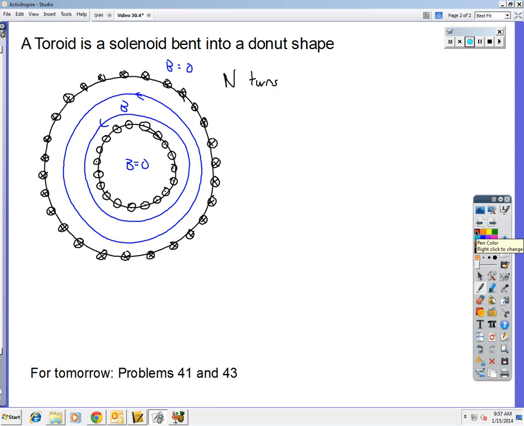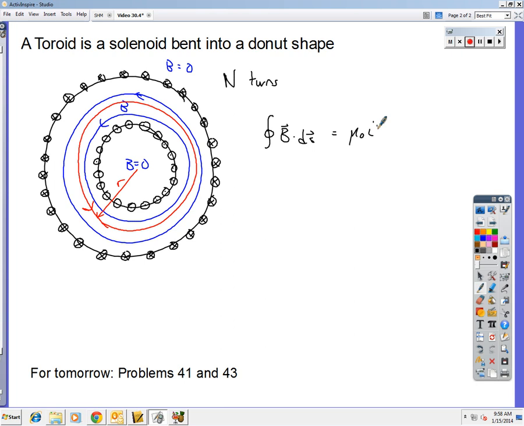What we'll do is draw an Amperian loop of radius little r somewhere between the inner and outer radii of the toroid. Ampere's Law says the integral of B dot ds equals mu naught I enclosed.